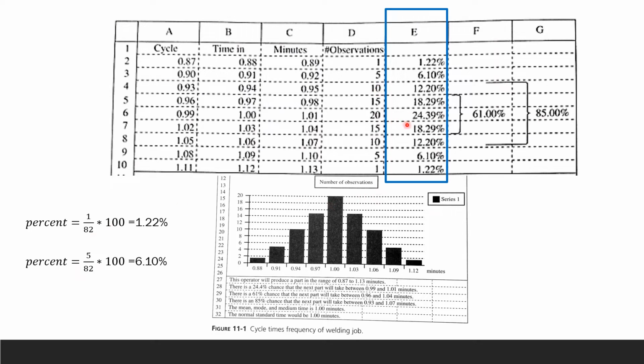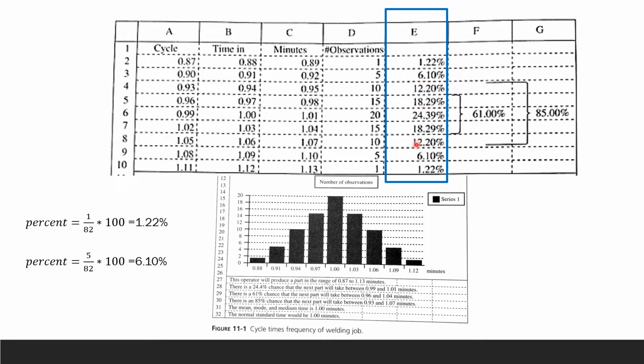Then you get the percent of each observation. Number 1 is 1 divided by 82 total, times 100, which changes the decimal into a percentage, and you get 1.22%. We do the same for the second one: 5 out of 82 gives you 6.10%.